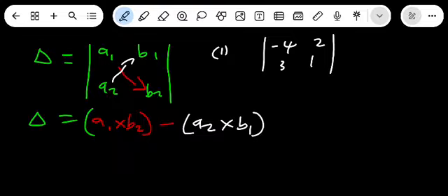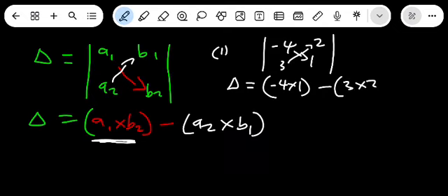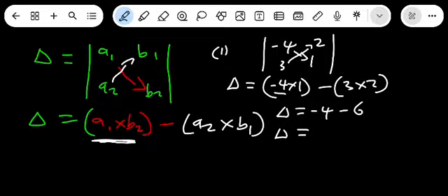The determinant equals negative 4 multiplied by 1, minus 3 multiplied by 2. Negative 4 times 1 is negative 4, minus 3 times 2 is 6. So this determinant will be negative 10.